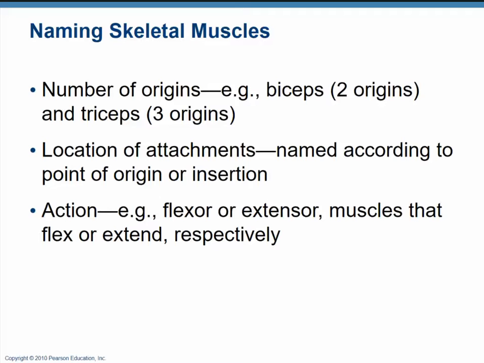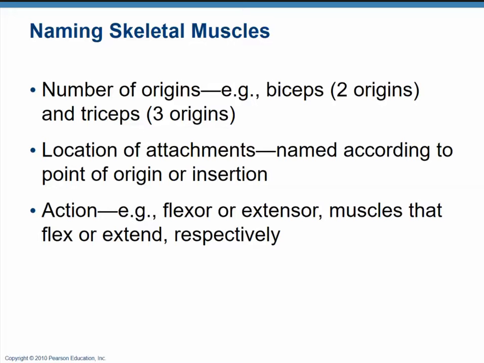The best ones are when we talk about the location of the attachments and or the actions. So location of attachments. So the sternocleidomastoid starts on the sternum and the clavicle and inserts on the mastoid process of the skull.